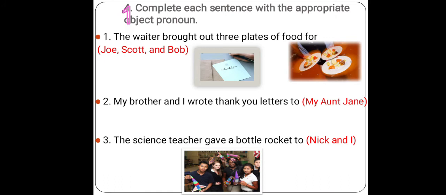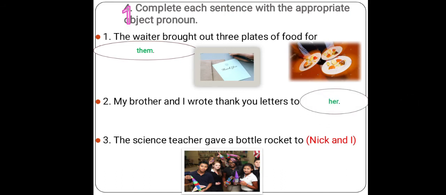So if we want to change Joe, Scott, and Bob into an object pronoun, what do you think? Okay, pause the video and think, and if you still need more time to think, then play it again. And if you answered them, your answer would be correct. Did you? Good. Okay, let's do the other sentences. And as I said, pause the video until you make sure you did the exercise correctly.